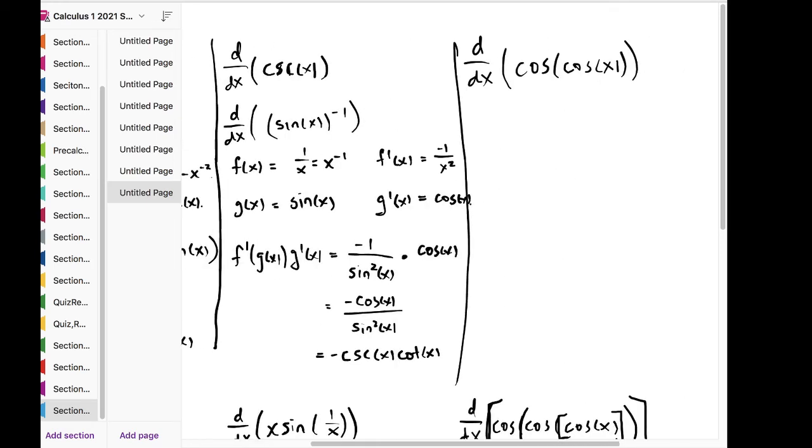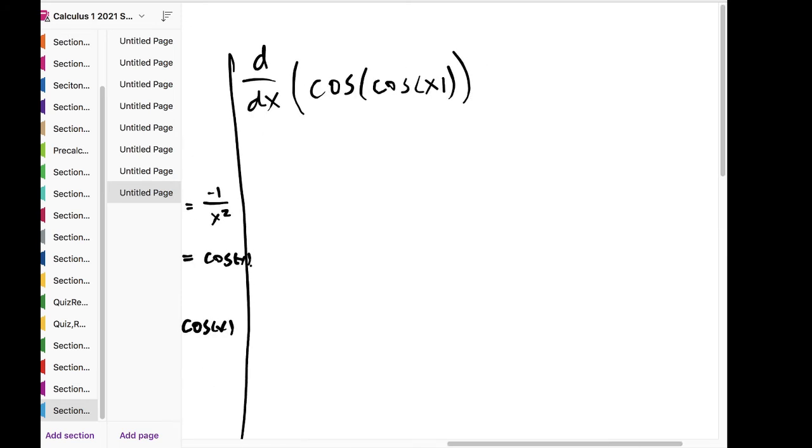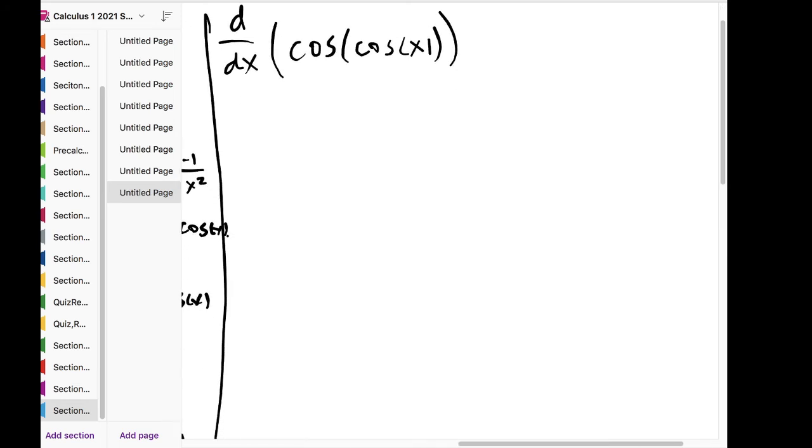Let's do this one, cosine of cosine. What's f and what's g? Kind of a silly one.